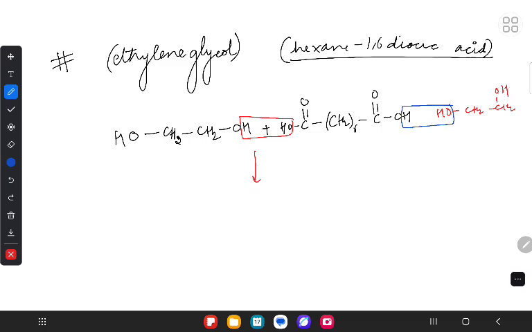So you remove water. One molecule which has just OH in it is called an alcohol. And one molecule which has a COOH group in it is called a carboxylic acid.